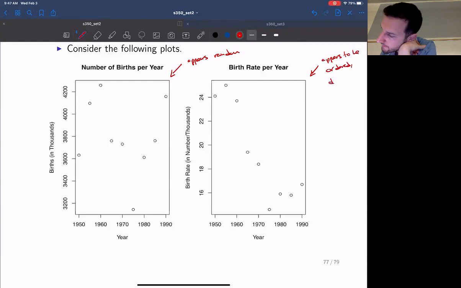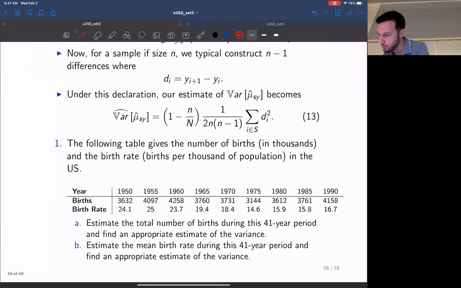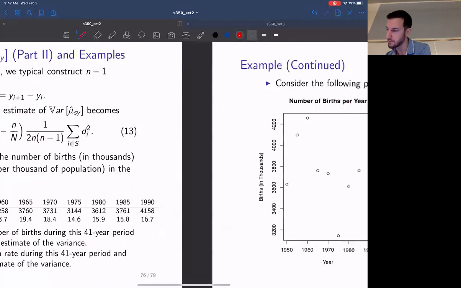In particular, it is decreasing. Okay, so we have a random population, and then we have an ordered population. Total number of births, mean birth rate.